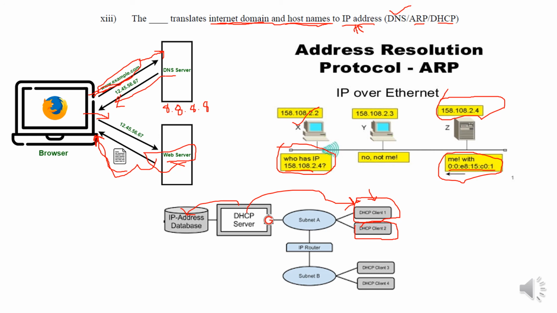Another advantage is this: suppose this is a class C address and it has only 255 hosts possible inside this network, and there are maybe more than 300 systems, but not all online at the same time. In such a case, normally the network cannot assign an IP address to all 300 hosts, because it can assign a maximum of 255 IP addresses.